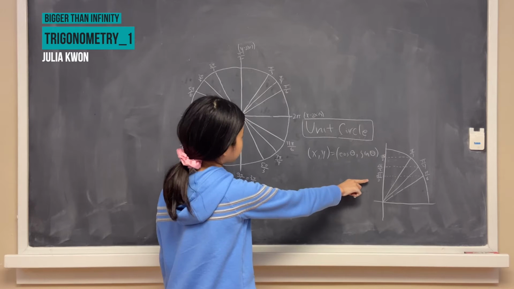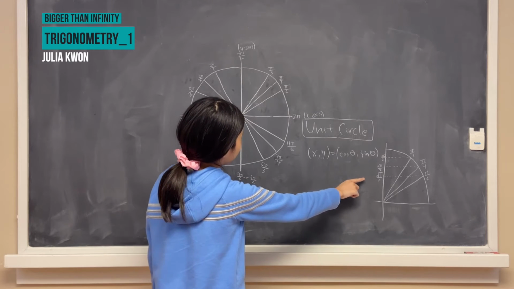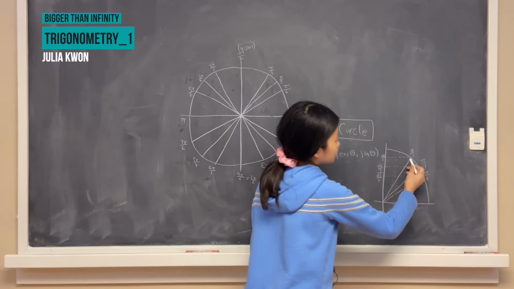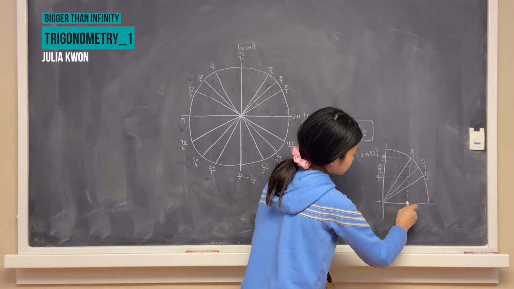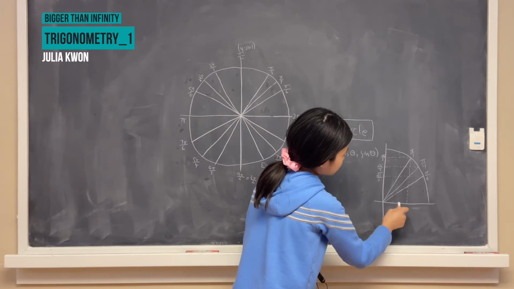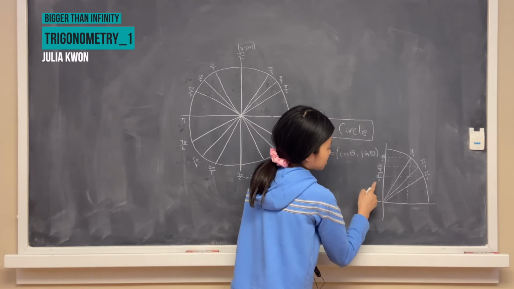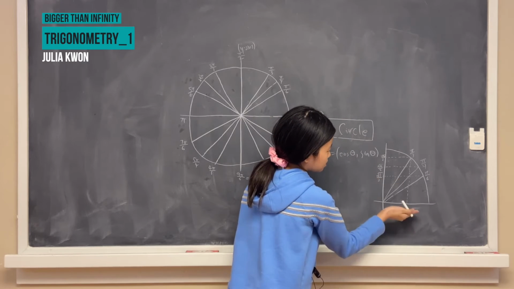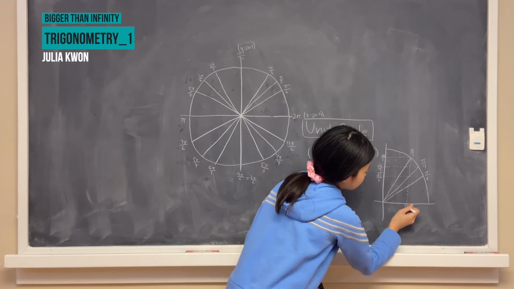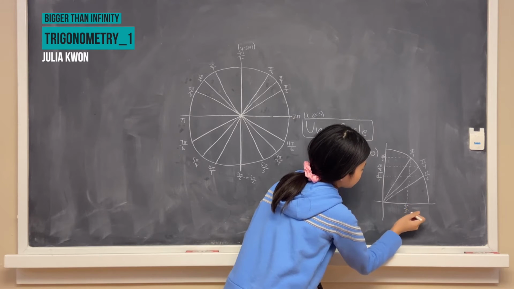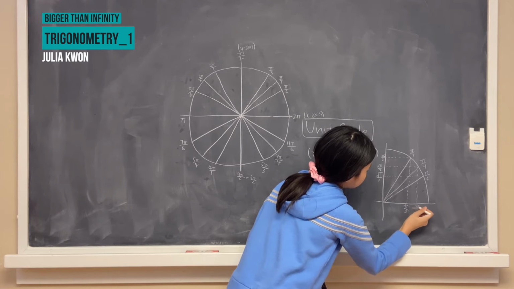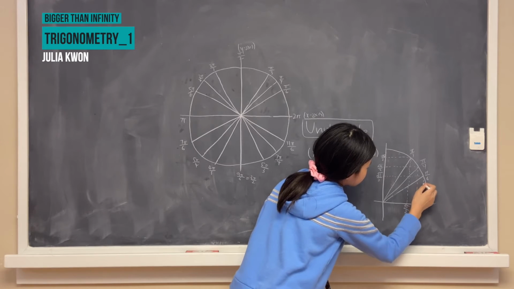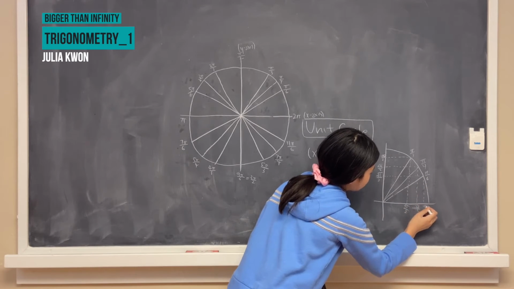You could also do this in vertical lines like this, and it would be the same, except it's just across. So square root of 1 over 2, square root of 2 over 2, and square root of 3 over 2.